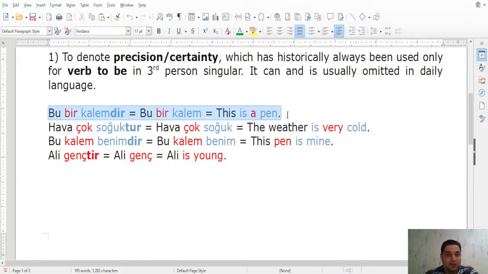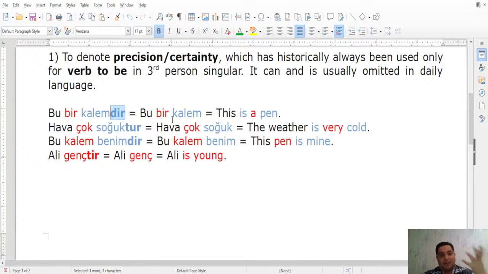Of course, this means precision and certainty, but for example, let's assume you found something but you don't know what it is, and somebody tells you bu bir kalemdir, which means this is probably a pen. Depending on the context, people will understand that this dır is probability.